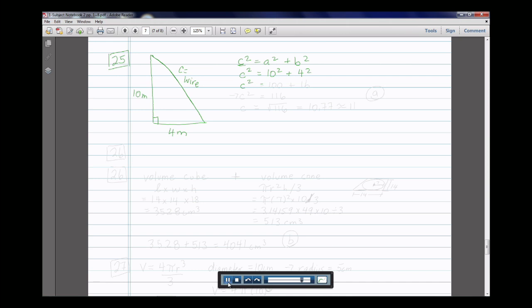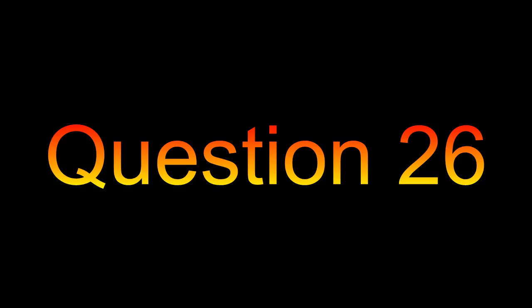So you work it out. This is 100 plus 16, so that's 116. Don't forget, your final step is always to do a square root. So you get 10.77, which is approximately 11. So the correct answer is A.